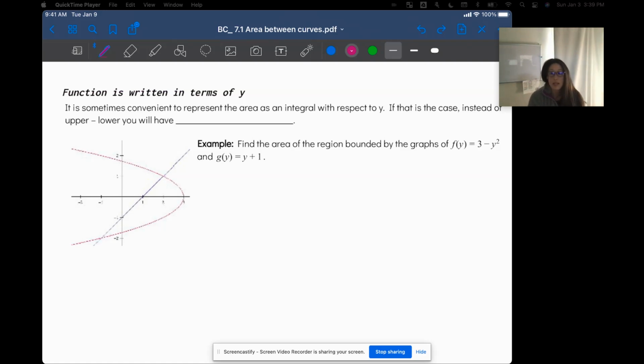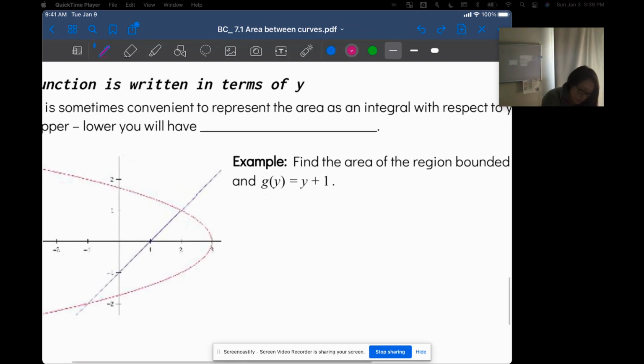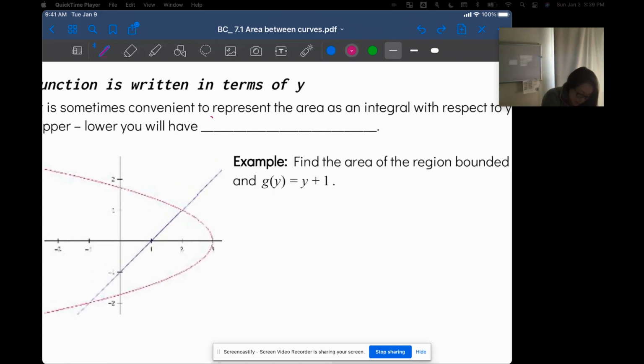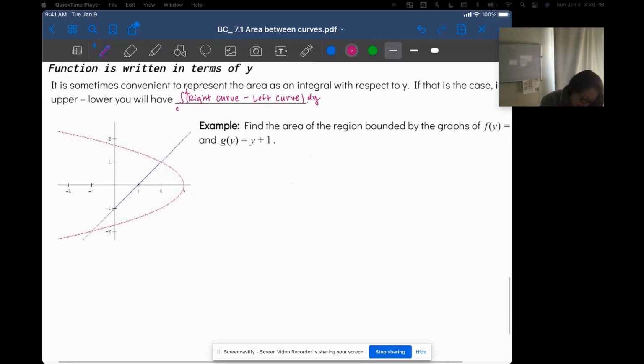So instead of taking the top function minus the bottom function, what we're going to end up doing is taking the integral of the right curve minus the left curve, with respect to y, dy. And I use c and d for the bounds, just so we don't get them confused.